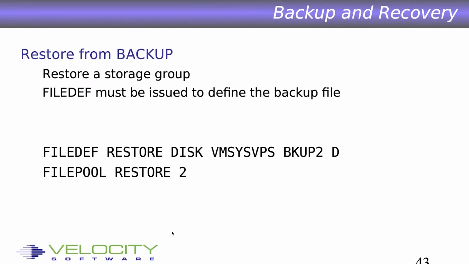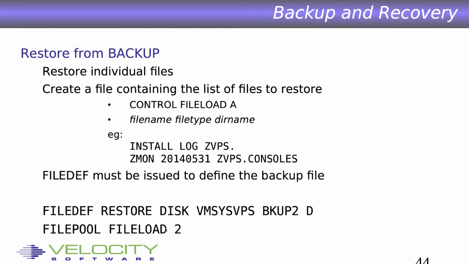Now that's different than this command, file pool restore, which restores an entire storage group. So make sure you know that there's a difference. File load will restore individual files. Restore will restore the entire storage group.